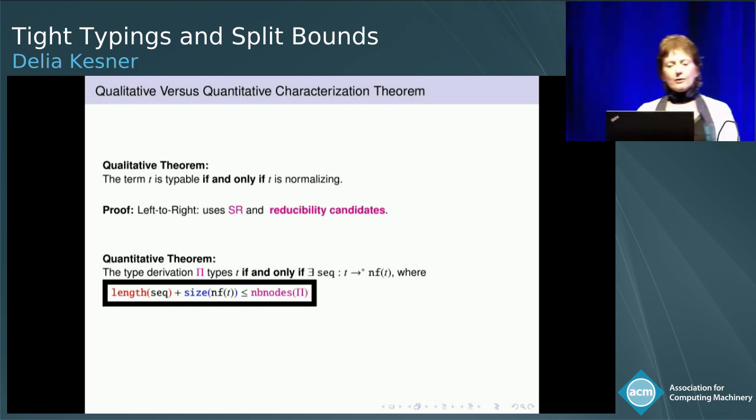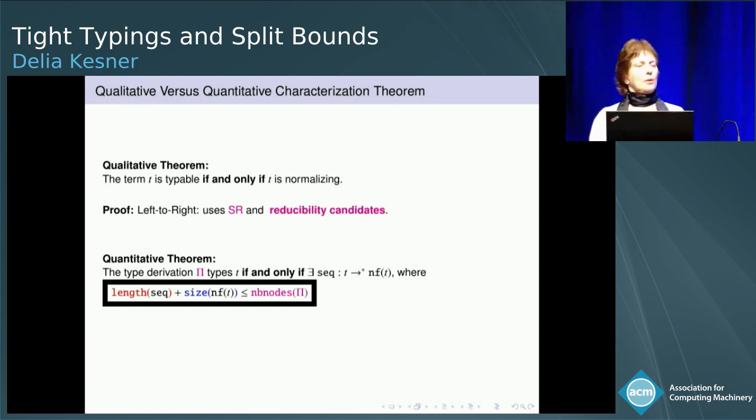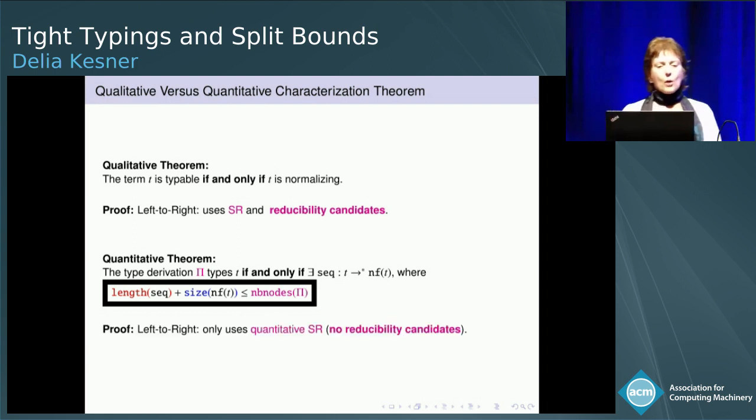And the quantitative information is that the number of nodes of your typing derivation is an upper bound for the sum of two things. On one side, the length of the reduction path, and on the other side, the size of the normal form, okay?